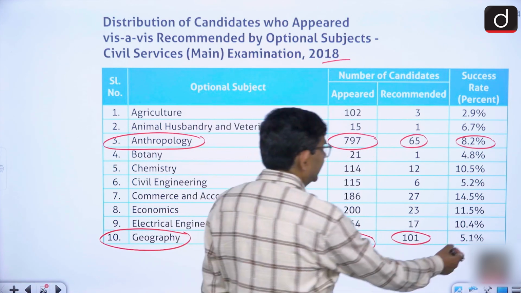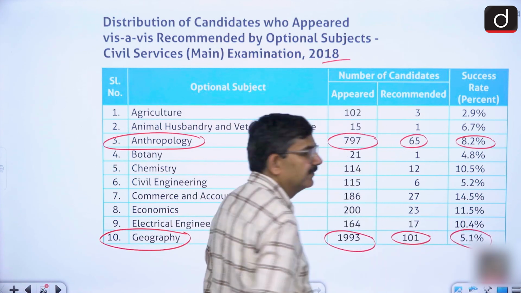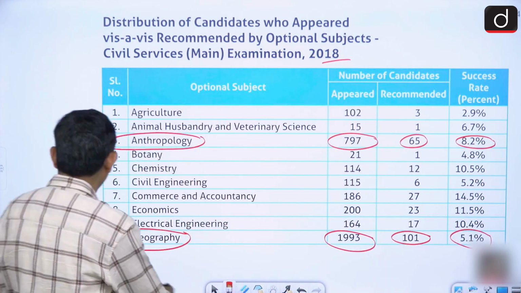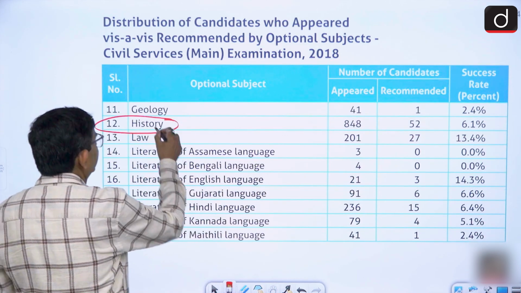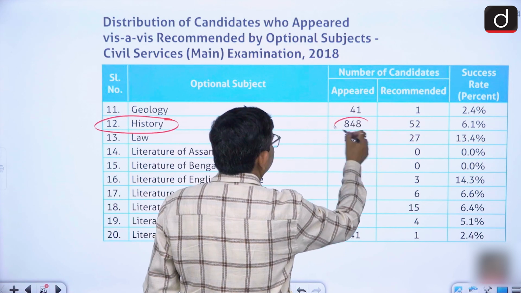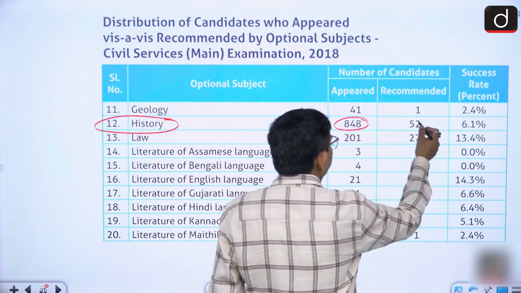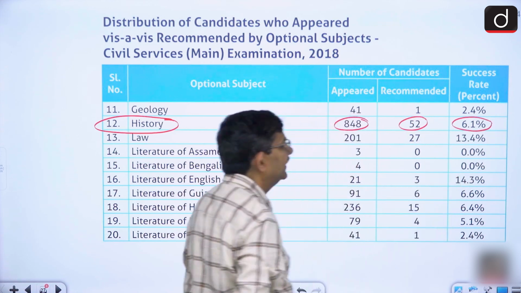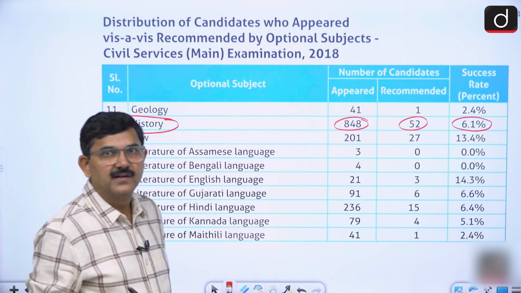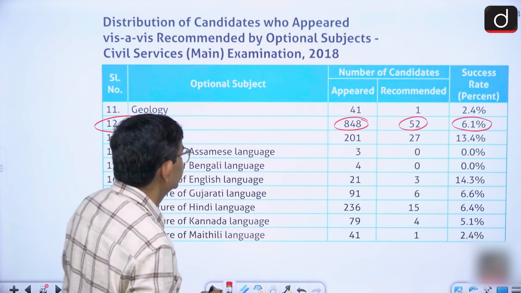Success rate 5.1. Next one is history. Appeared candidates 848, recommended ones 52, and success rate is 6.1. In geography it was 5.1, in history it is 6.1.